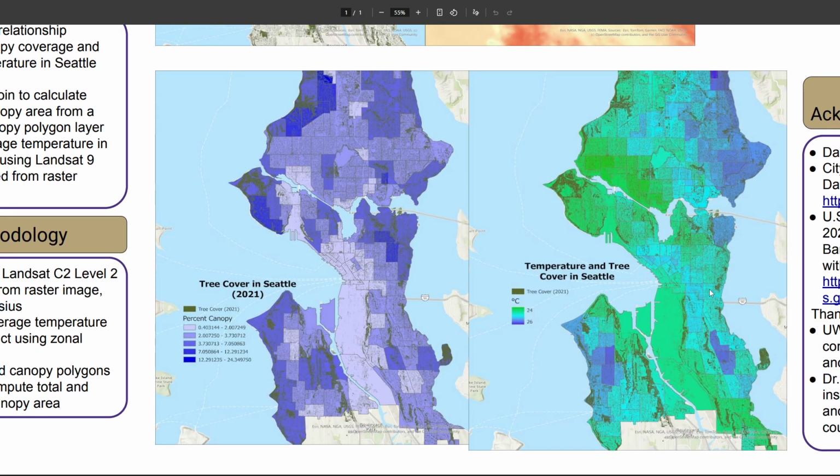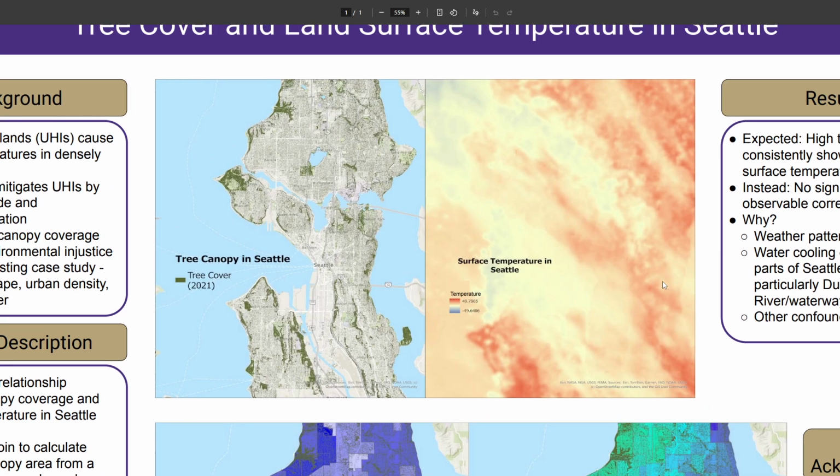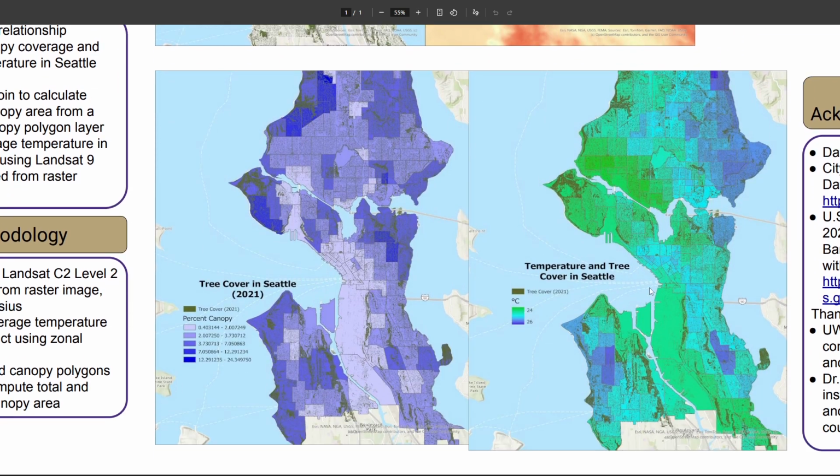As for other confounding factors, it could just be that I pulled a bad day of weather coverage. Maybe it was cloudy. I tried to pick an image that didn't look cloudy, but again, it's kind of hard to tell. So maybe I just didn't get good data. That's totally possible. But this is what we have.